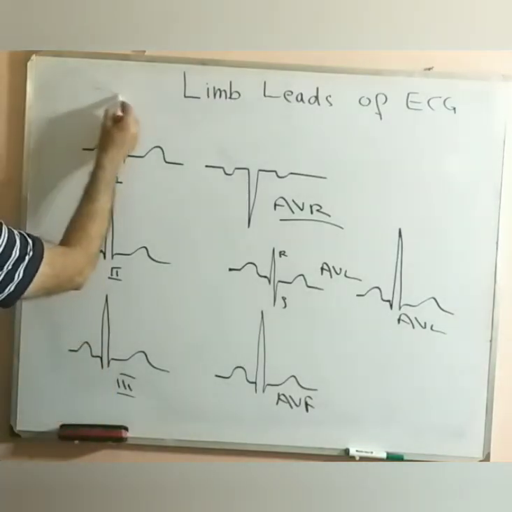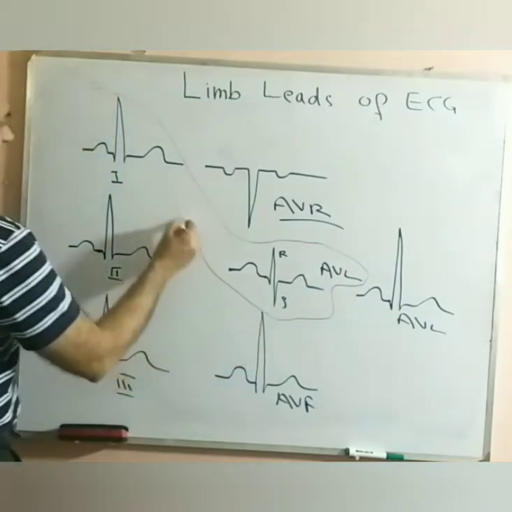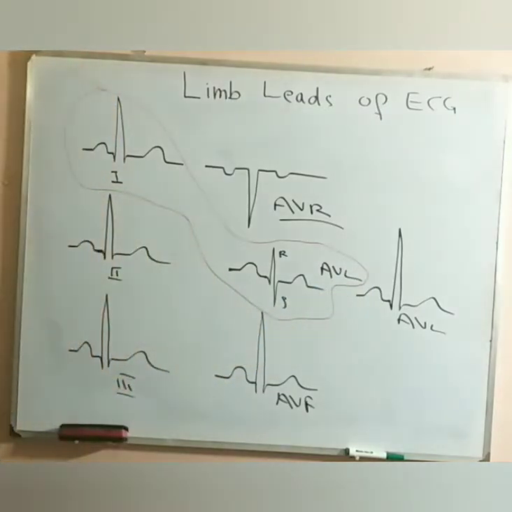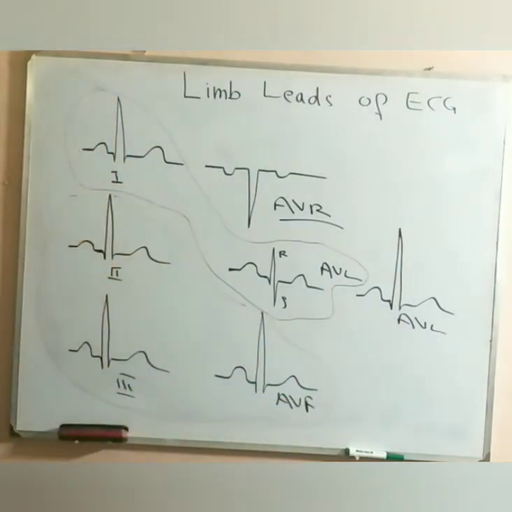Out of the 6 limb leads, 1 and AVL represent the lateral wall. 2, 3 and AVF represent the inferior wall. And AVR, at this stage of your learning, doesn't represent any wall in particular.